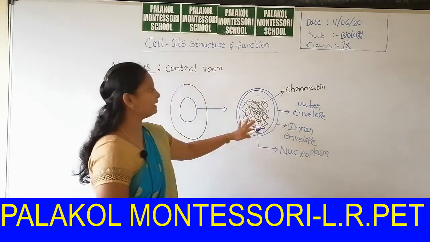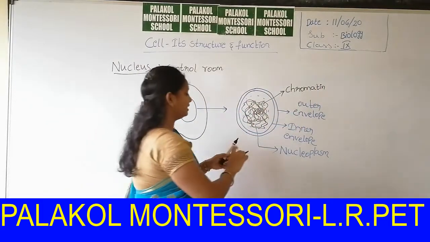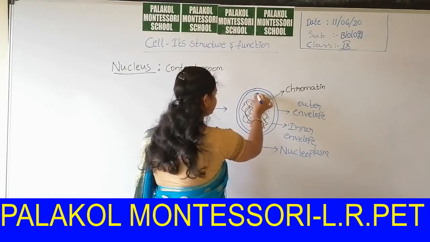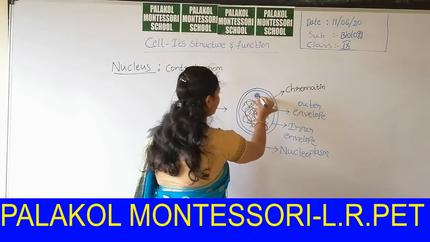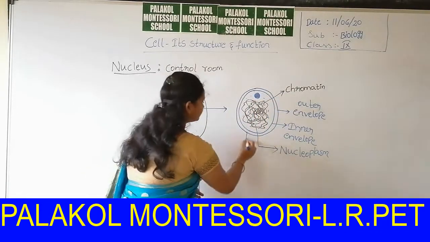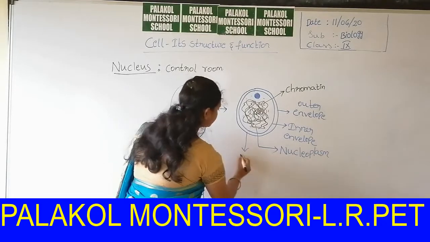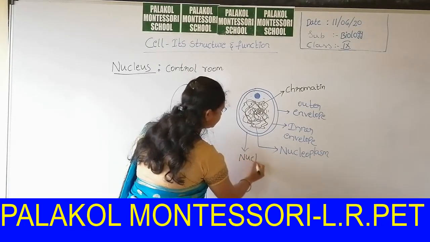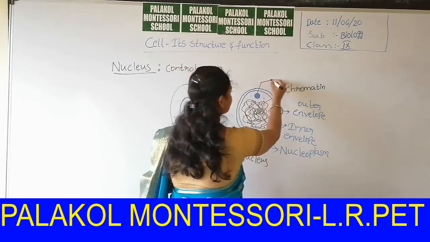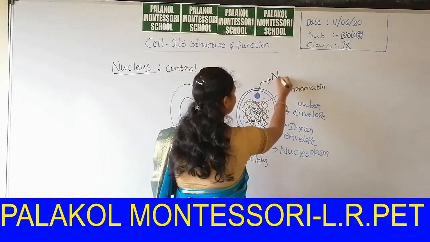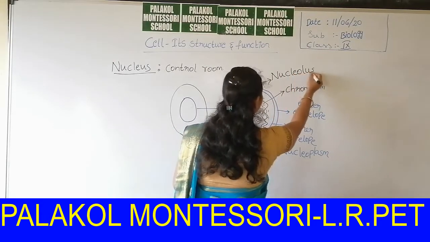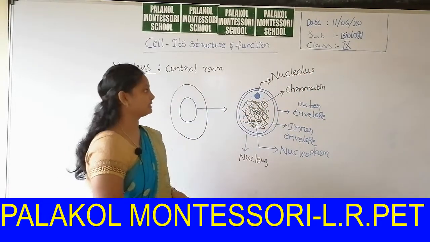Along with this genetic material, that is chromatin, there is a small ball-like or dot-like structure present inside the nucleus. This ball-like structure is called nucleolus.